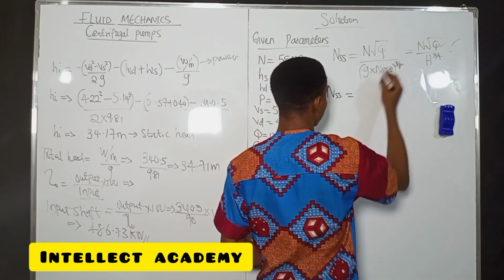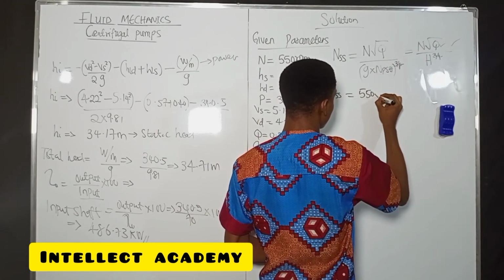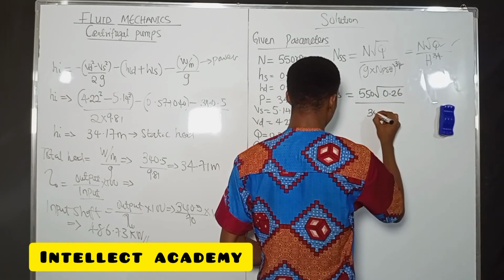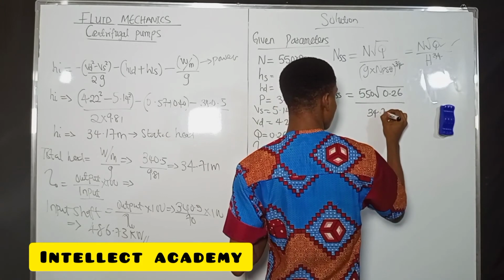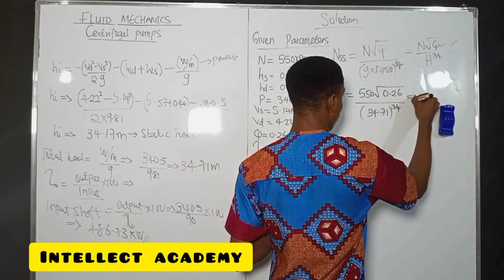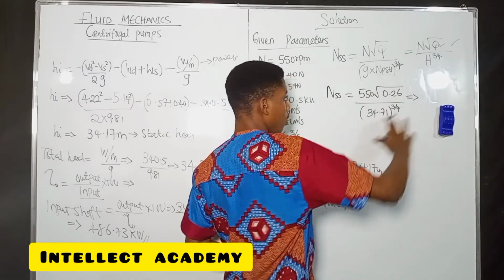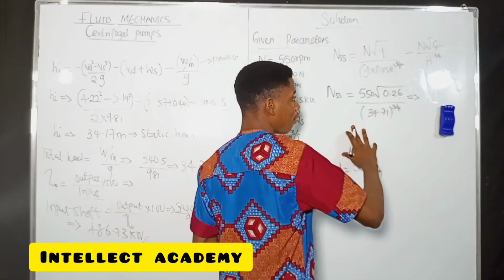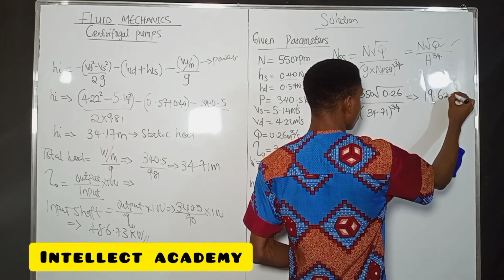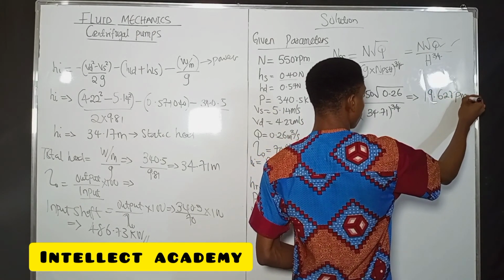So we have NSS as 550 square root of 0.26 over 34.71 raised to power 3/4. Perform an operation here. You're going to have 19.62 RPM.